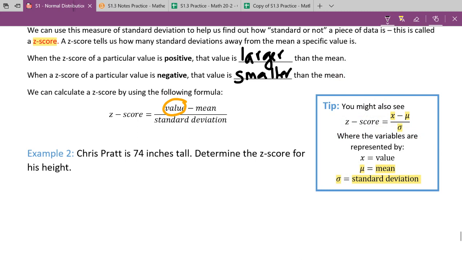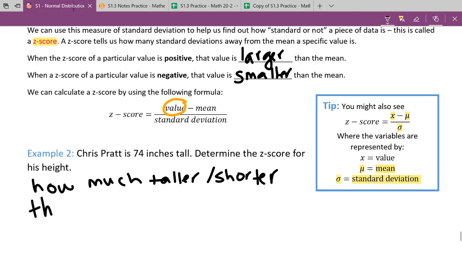So, given an example, Chris Pratt is 74 inches tall. This is real. I Googled it. Determine the z-score of his height. So what is that asking us? In general, in statistics language, how much taller or shorter, but Chris Pratt's a pretty tall guy, than average is he?